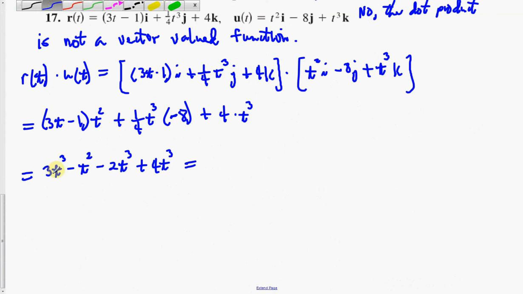So this is 3t squared minus 2t squared, so that gives us 1t squared, t cubed, excuse me, 3t cubed minus 2t cubed plus 4t cubed is 5t cubed, and then just minus t squared.